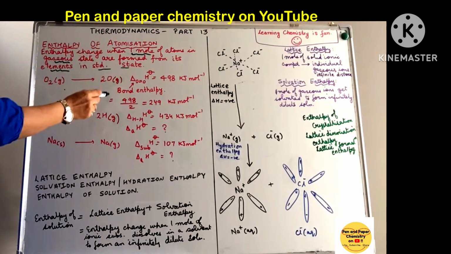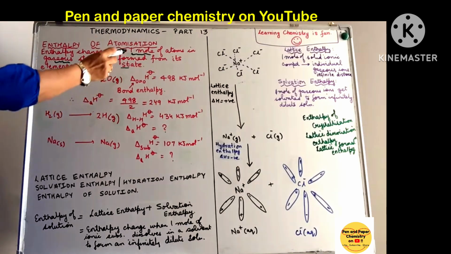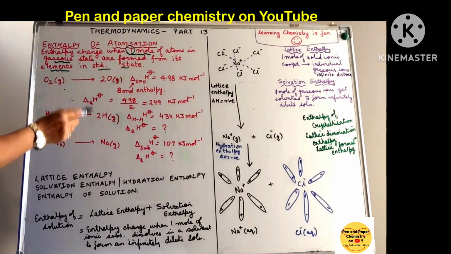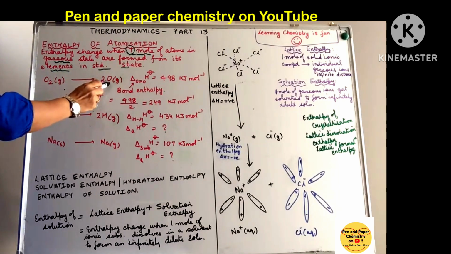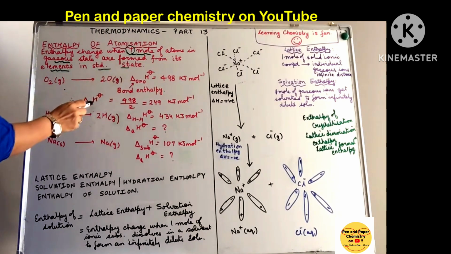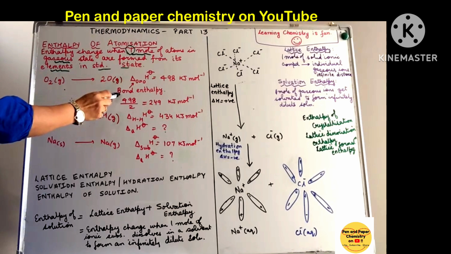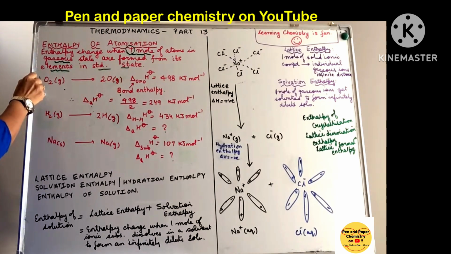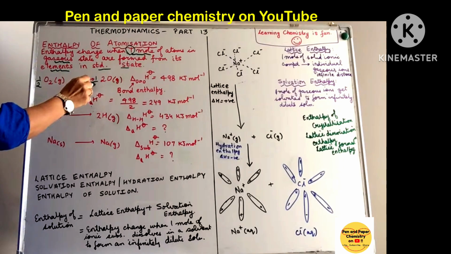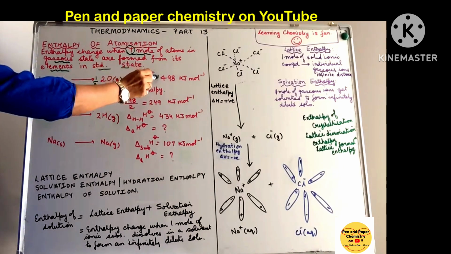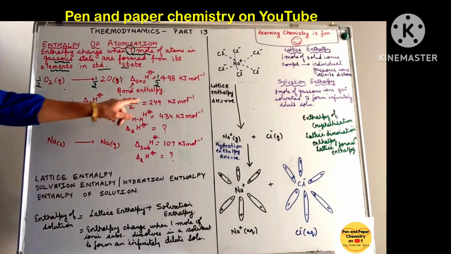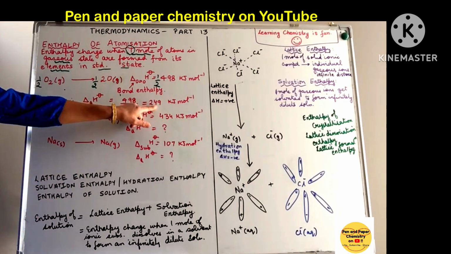If we want to derive the enthalpy of atomization, that means the enthalpy change when we are talking about the formation of, yes, 1 mole atom. So what will you do in order to derive the enthalpy of atomization from bond enthalpy? Yes, we will divide the whole equation by 2. So that will give me the enthalpy change when 1 mole atoms of oxygen are formed, and that gives us a value of 249 kilojoule per mole.